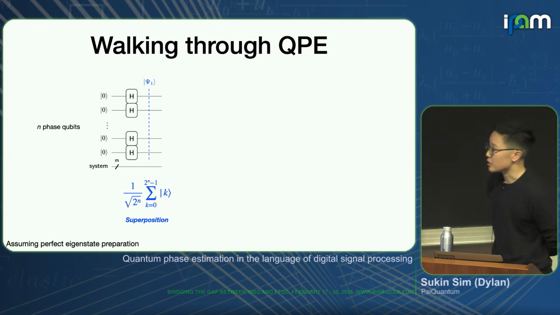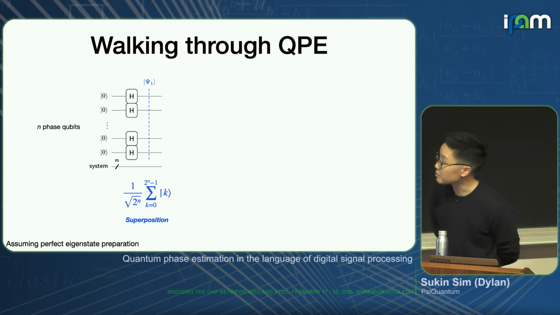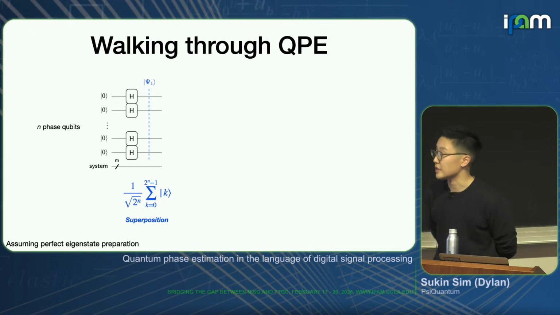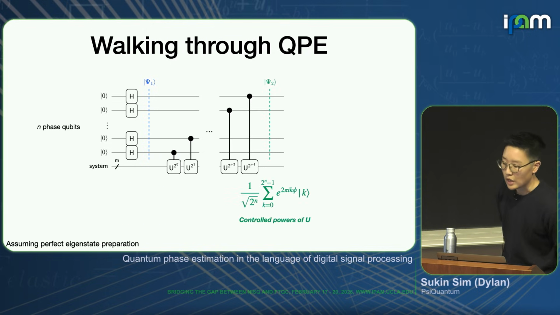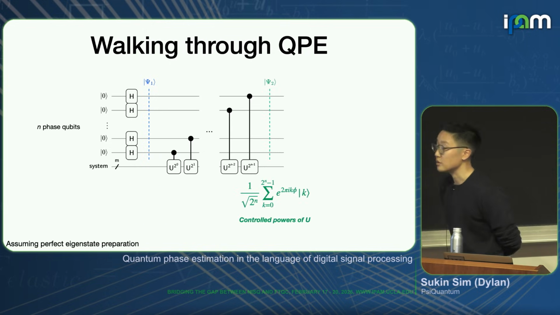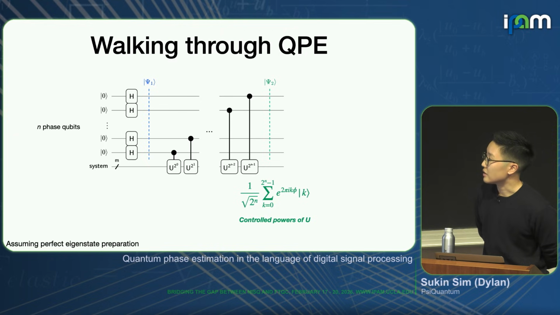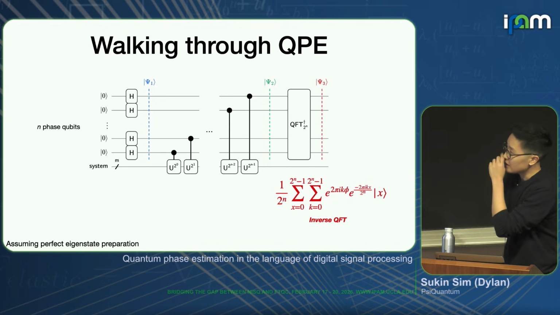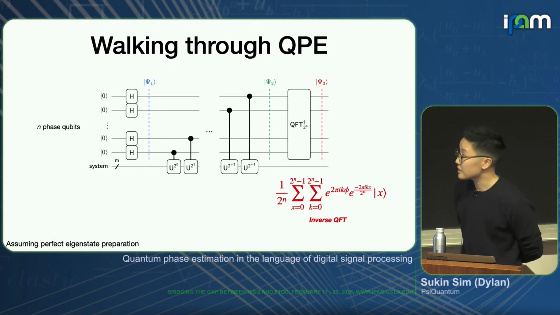So given n phase qubits, we first apply Hadamards on those phase qubits, which lands us in a nice superposition, followed by applications of these controlled unitaries, or powers of U, such that we implement the right phase kickbacks, followed by the application of the inverse QFT. And of course, we will measure and get an idea of what the true eigenphase is.